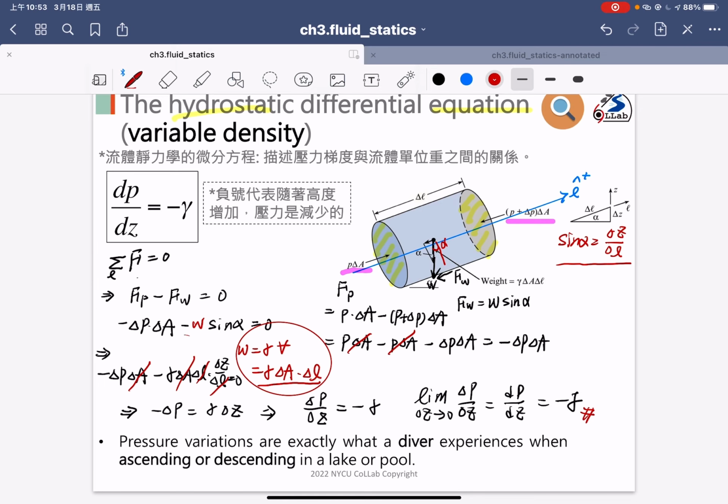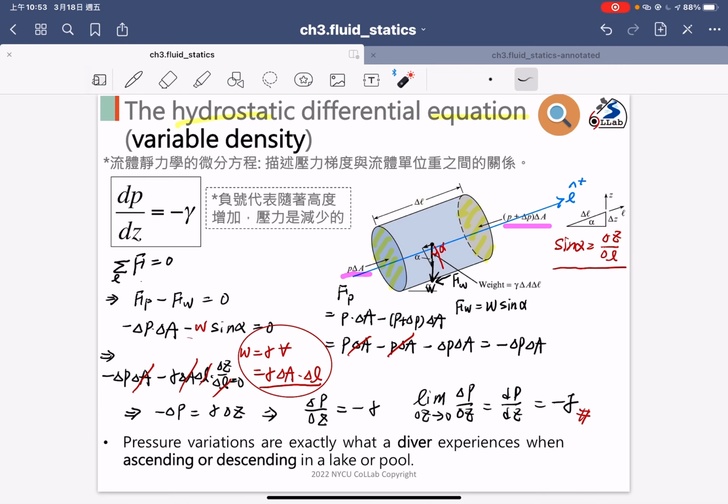Okay, but the concept is quite simple: when the elevation increases, the pressure will decrease. That's why we have the additional minus symbol in here. Elevation increases and the pressure will decrease. So this is the hydrostatic differential idea.